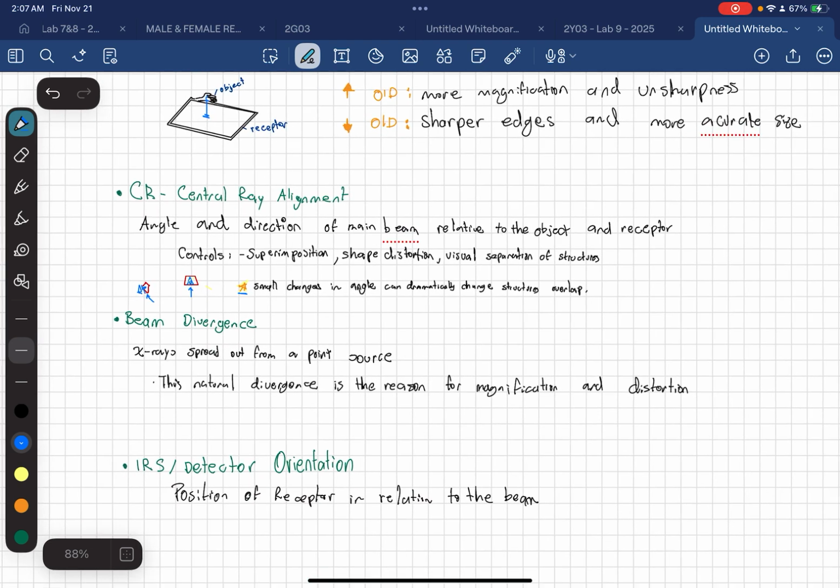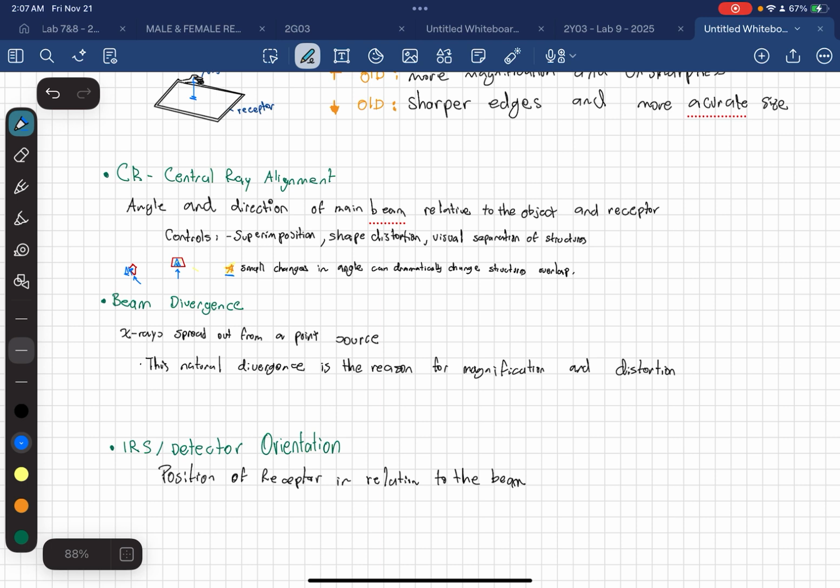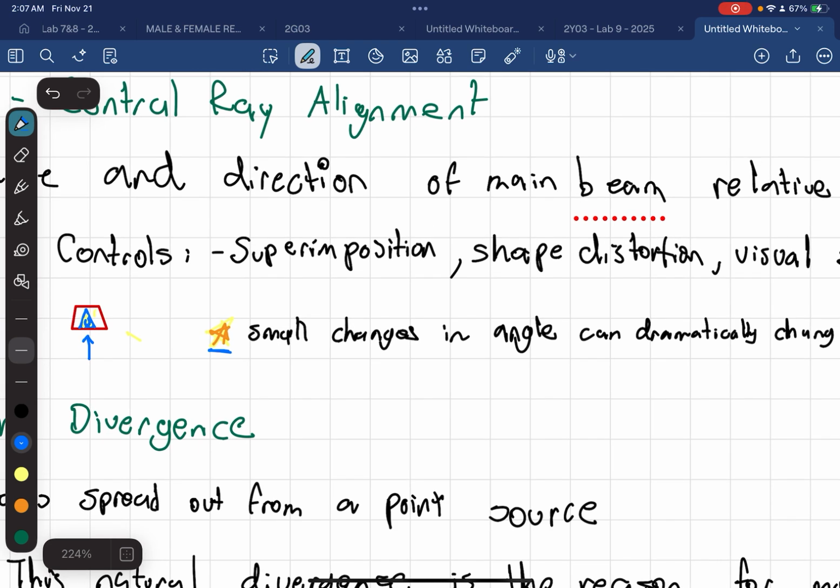Okay, now we're gonna also be looking at the CR. This is the central ray alignment, so it's how we're gonna be positioning our beam. So basically, if there is any angle or direction of the main beam relative to the object and the receptor, that's gonna be controlling superimposition.